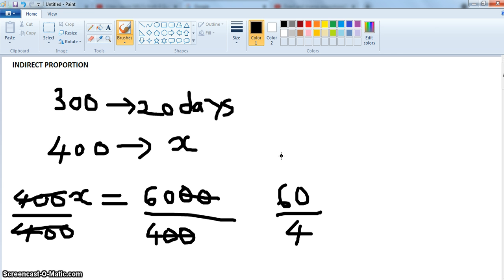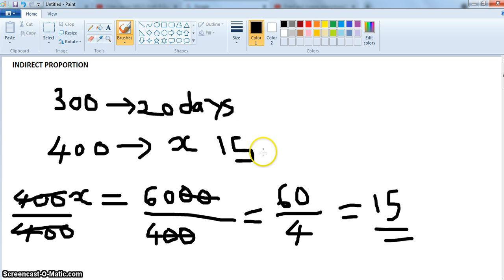Let me give you a moment. Can you try to calculate that? Well, the answer is 15. So what this means is, if you have 400 chickens, it's going to take 15 days for the feed to finish.